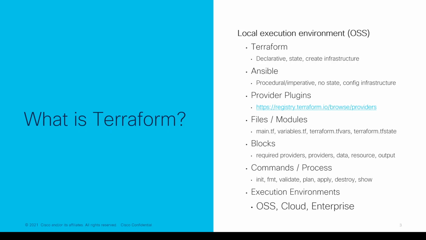Now that we've done those commands, we enter more of the Terraform process, which applies directly to the plan, apply, and destroy commands. If you now run a Terraform plan against all of the code that lives in this local directory, it's going to read all those files, check your state file if one exists, and say, what changes do I need to make in order for the resources declared in my .tf files to become active?